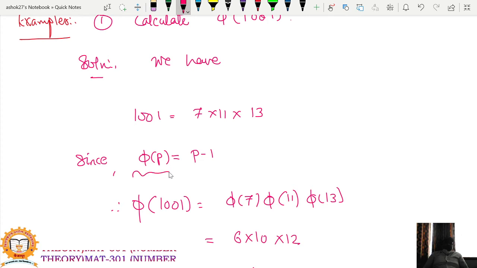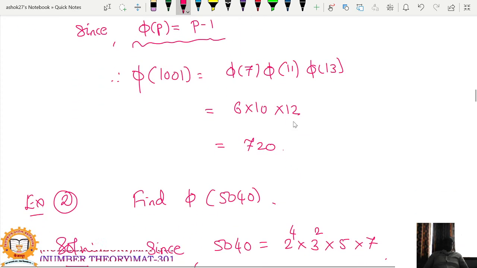Again, what is phi of p? Phi of p is equal to p minus 1. So we are directly using this formula, and you will get phi of 7 equal to 7 minus 1, phi of 11 equal to 11 minus 1, and phi of 13 equal to 13 minus 1. So you'll get 6 into 10 into 12, and that is equal to 720. So phi of 1001 will be 720.